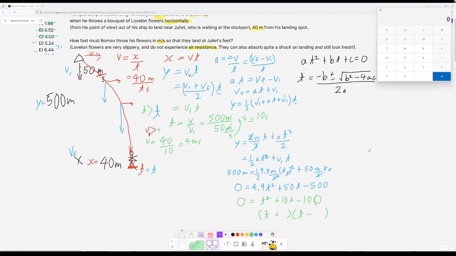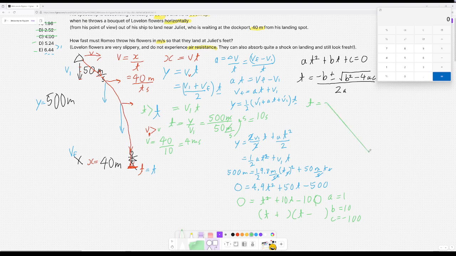Now, this is not as complicated as it looks when you use these numbers. This is actually quite straightforward. We have t to the first significant digit, t equals, let's just write out what a, b, and c are. A is 1, b is 10, and c equals minus 100. I really recommend spending an extra second to write it out, because it makes it easier and less likely to make a mistake.